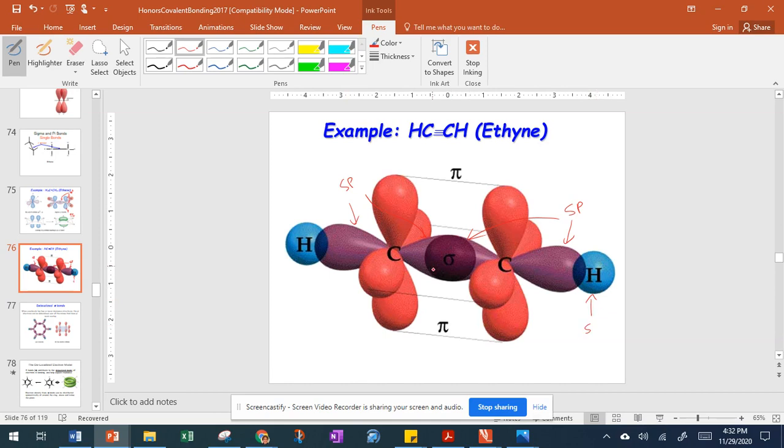So these are overlapping to form sigma bonds. And then for our triple bond here, we have the p orbitals from carbon, 2 sets of p orbitals, which overlap to form the pi bonds. This molecule has 3 sigma bonds, and we have 2 pi bonds.